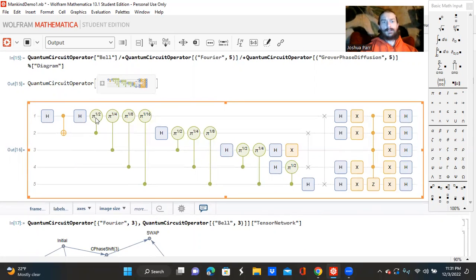So there's a Hadamard, your series of controlled pi to the sequence gates, Hadamard, pi to the sequence gates, dual Hadamard, X flip, pi to the half, Hadamard, a swap on 2 and 4, and then a swap on 5 and 1 to begin your phase diffusion.